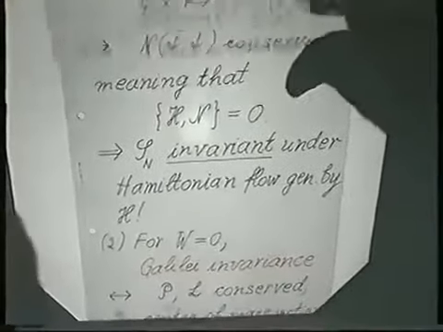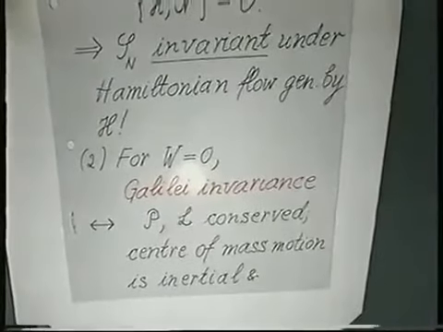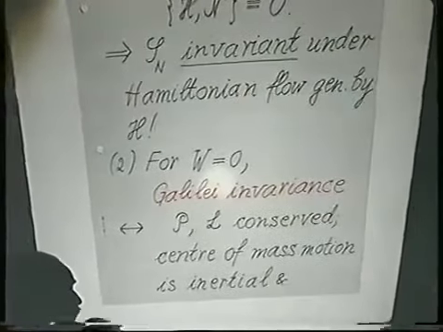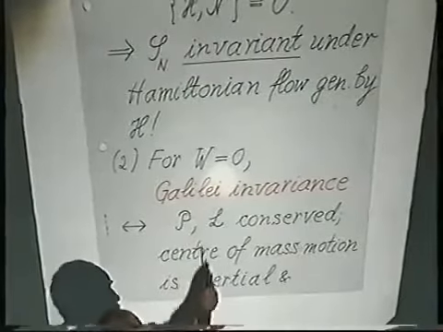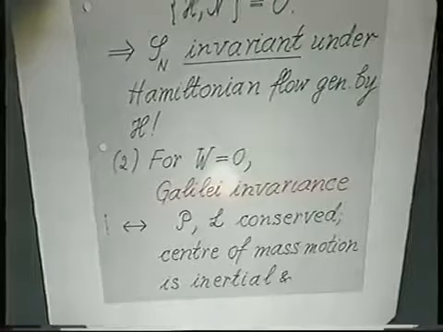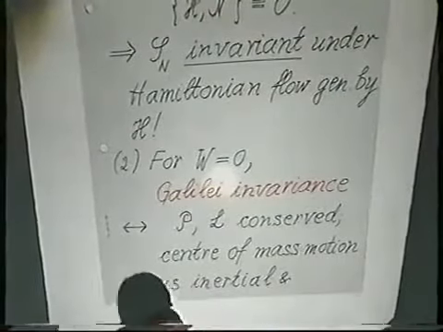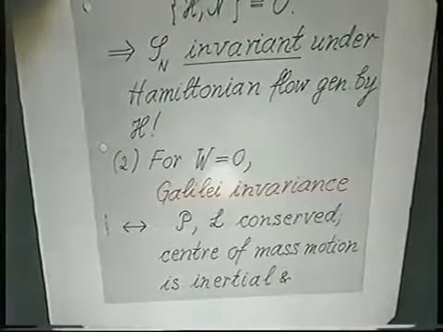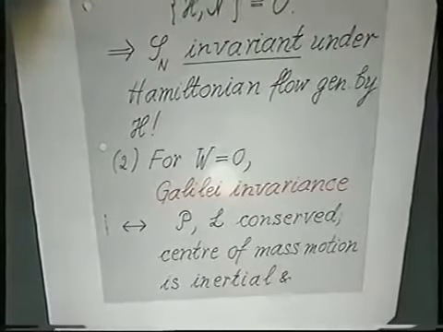When the external potential W vanishes, then the system is Galilei invariant. That means that there are the following conservation laws. The total momentum is conserved, and the total angular momentum is a conserved quantity. And of course, finally, the center of mass motion in this system is inertial. So you just have to figure out what this means for solutions of the Hartree equation, but that's really not hard.